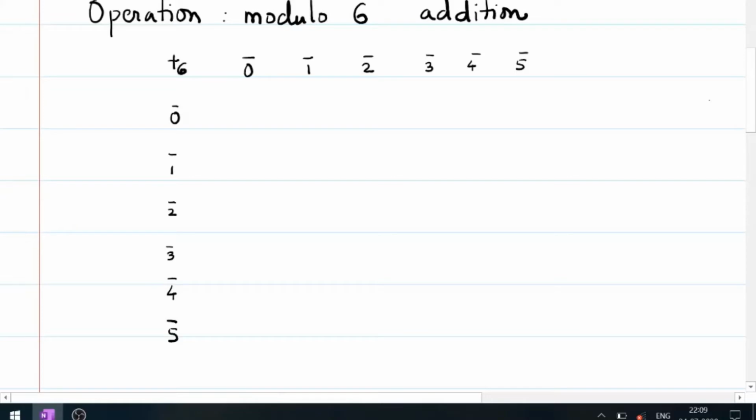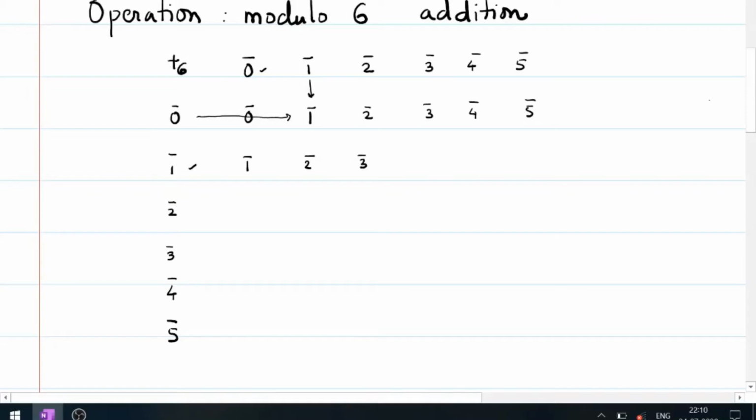So I'm going to add 0 plus 0, which will be 0 bar. Here 0 plus 1 is 1 bar. 0 plus 2 is 2 bar, 3 bar, 4 bar and 5 bar. And in the next line 1 bar plus 0 bar is 1 bar. 1 bar plus 1 bar is 2 bar.